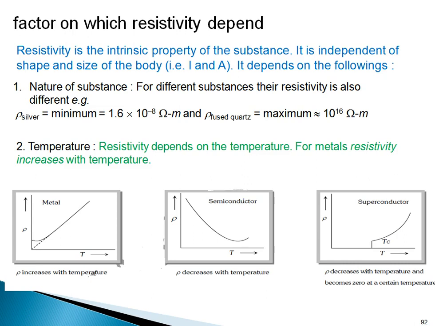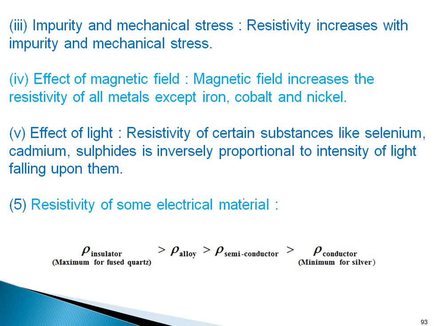And exactly the same phenomena which we have discussed, effect of temperature on metal: resistivity increases. Semiconductor we have discussed, alpha is negative, resistivity decreases. And superconductor we said at a particular temperature resistance becomes 0. That temperature is known as critical temperature. There is some effect of impurity and mechanical stress also. Resistivity increases with increase in impurity and mechanical stress.